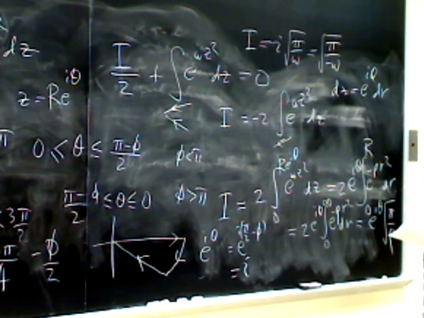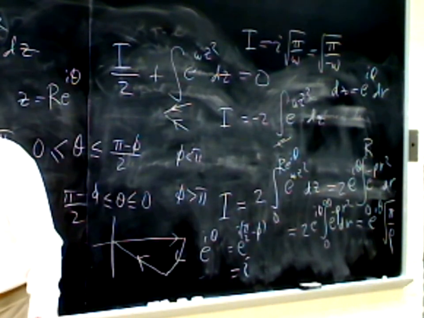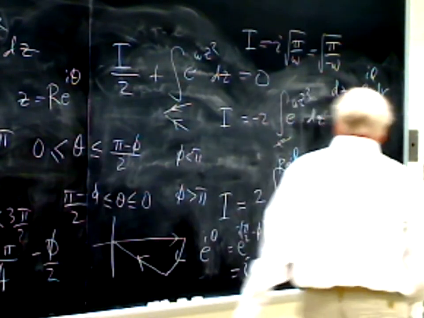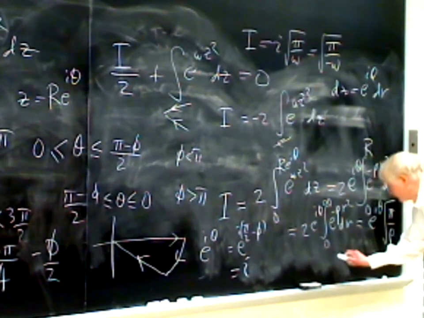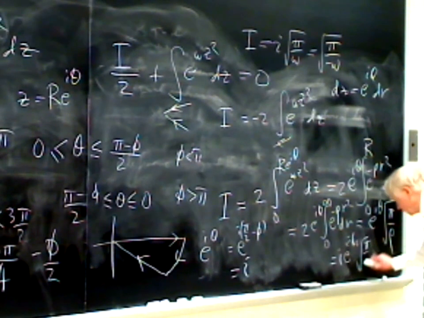The e to the minus I phi goes down, combines with the w, and what I'm puzzled with is why there is a, hold on, it's over here. Theta is pi over 2 minus phi over 2. And so this is equal to pi e to the minus I phi over 2 square root of pi over rho.